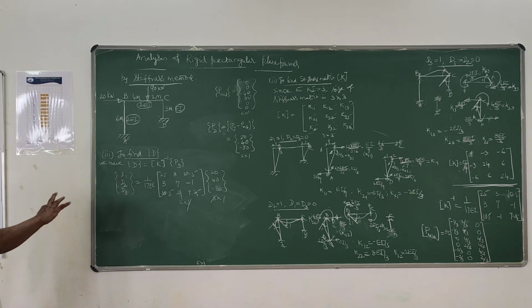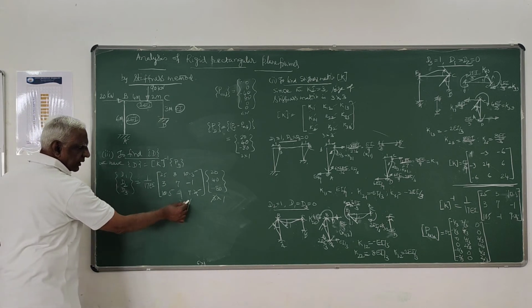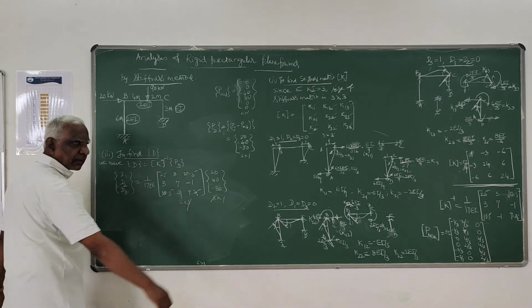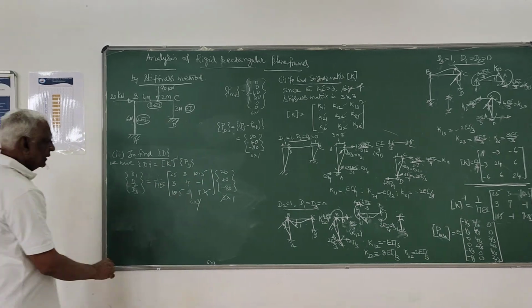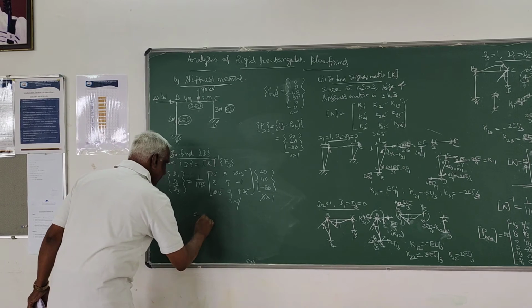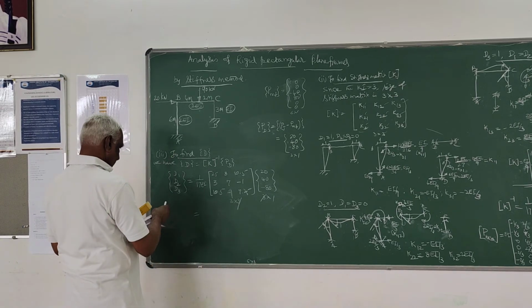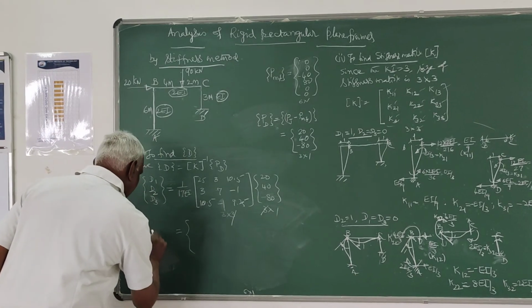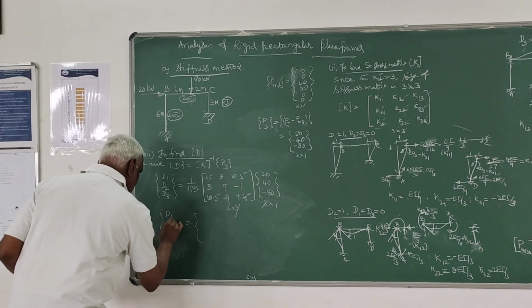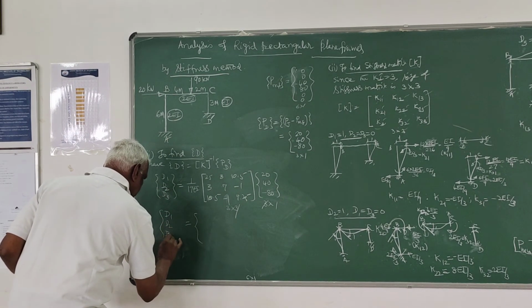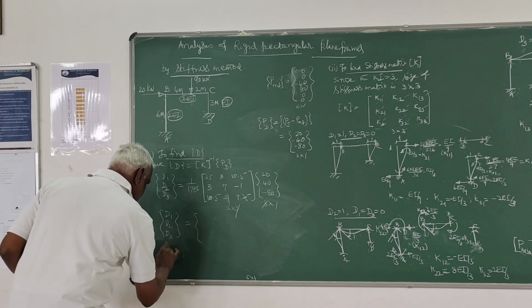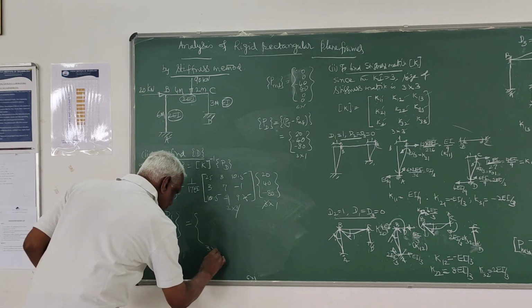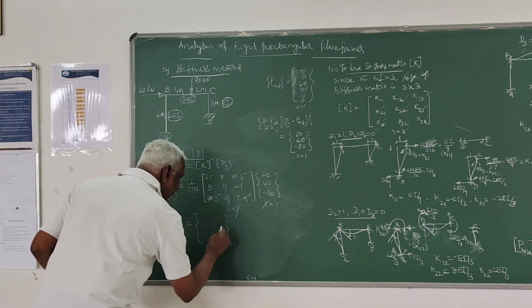Matrix multiplication is possible when the number of columns in one is equal to the number of rows of the other. So the resulting matrix will be a 3 by 1 matrix, which is nothing but D1, D2, D3.